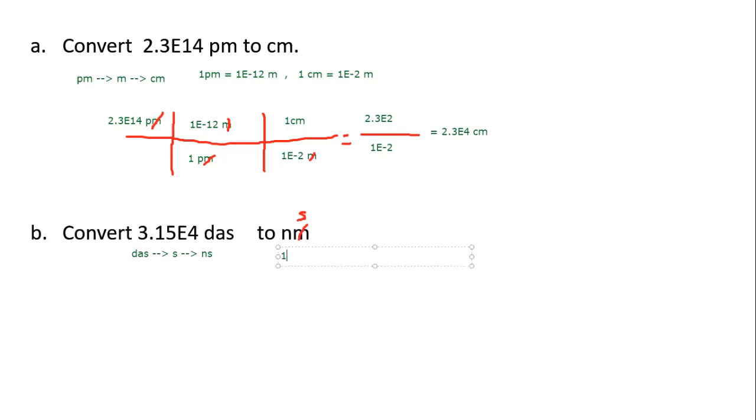So 1 decasecond is equal to 10 seconds. And 1 nanosecond is equal to 1 e to the negative 9 seconds. So now let's draw our train tracks. We're starting with decaseconds.